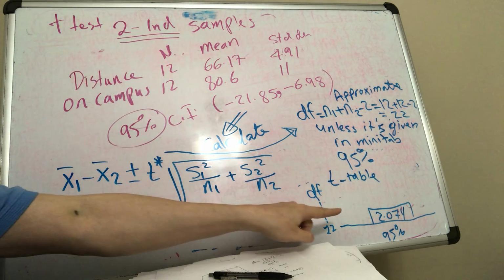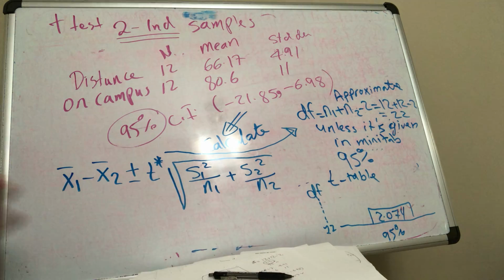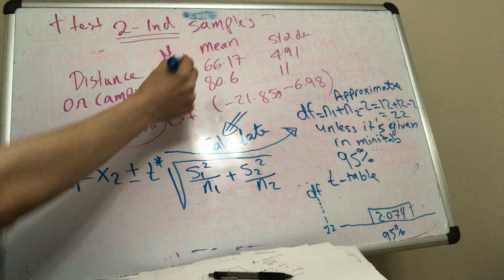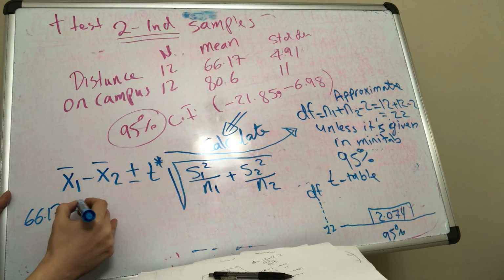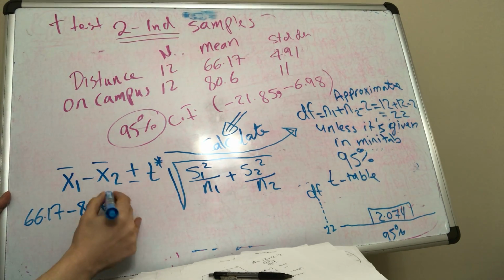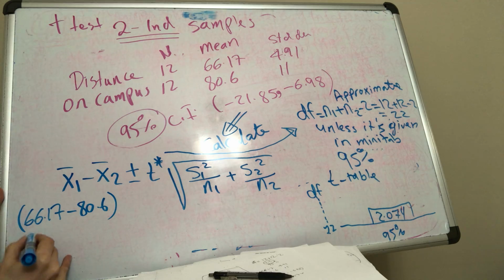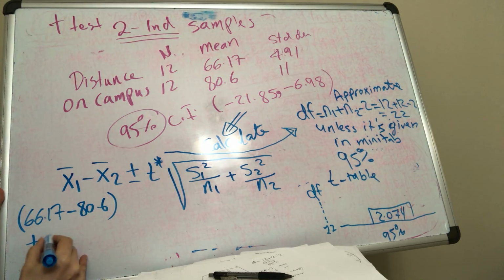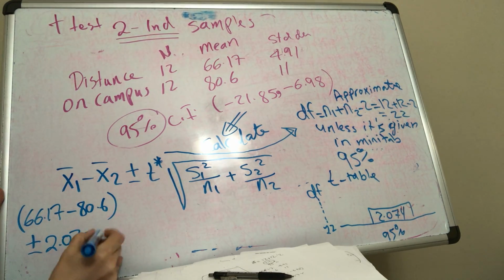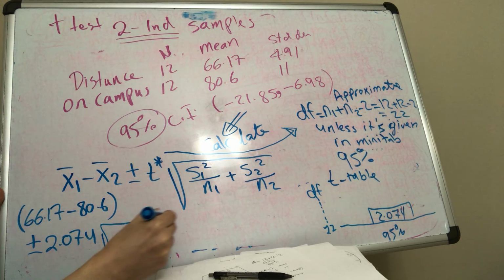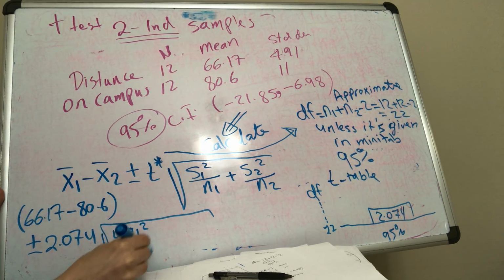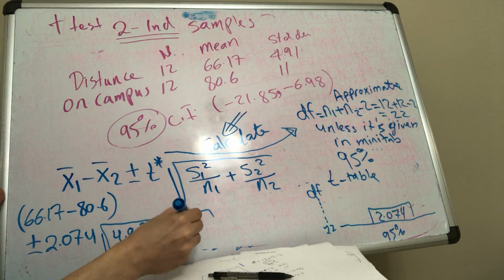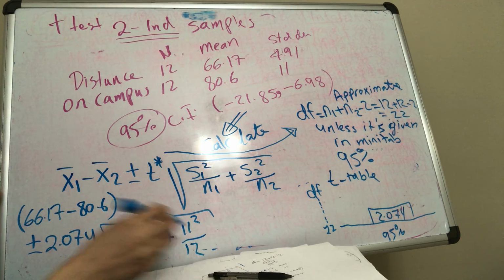Minitab is using a number that's very close to this. Average group 1 is 66.17, average group 2 is 80.6, plus or minus T star, the approximate number, then the first standard deviation squared over 12, and the second standard deviation squared over 12.